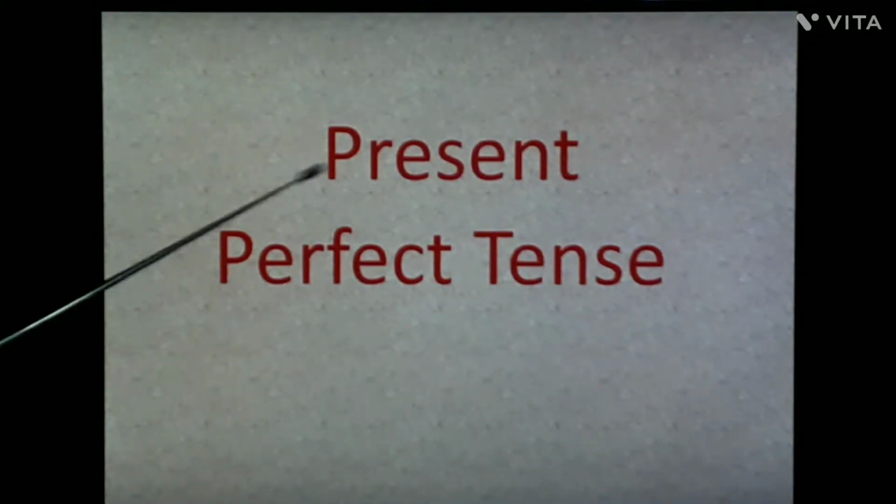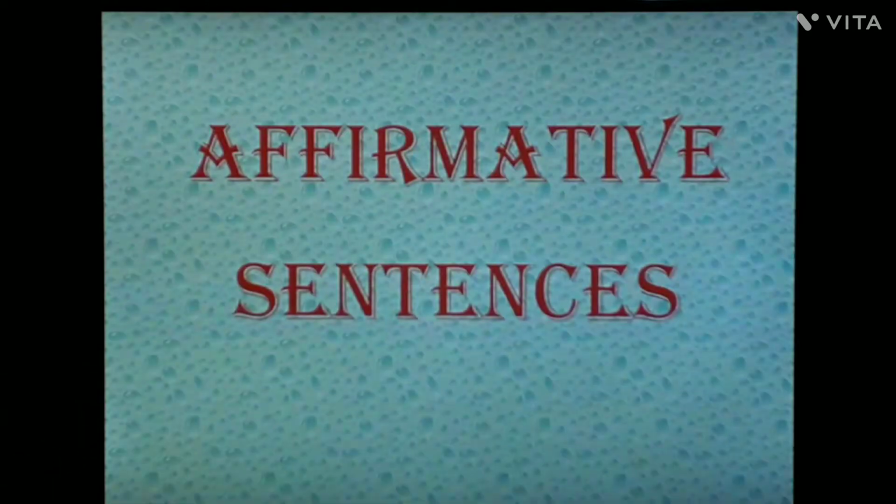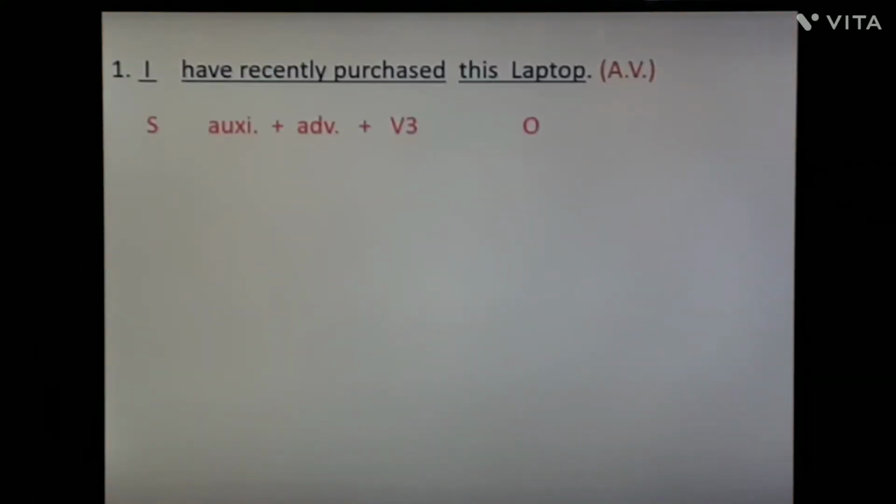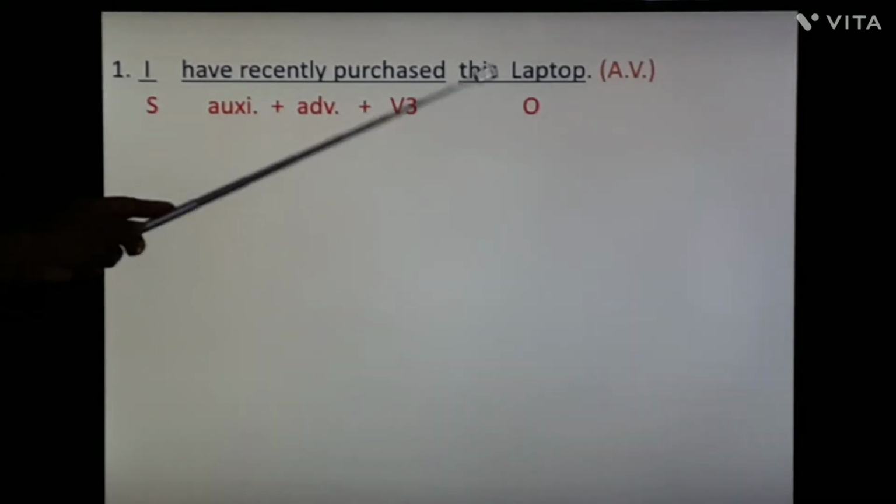Today we will see present perfect tense. First of all, affirmative sentences. It means positive sentences. First, I have recently purchased this laptop.